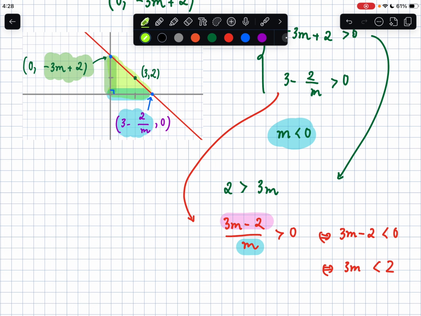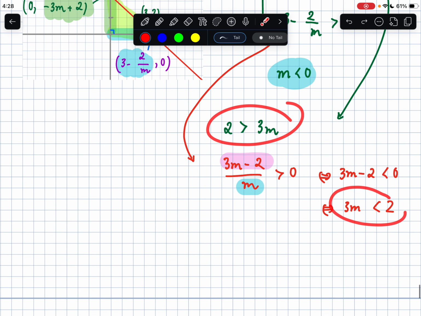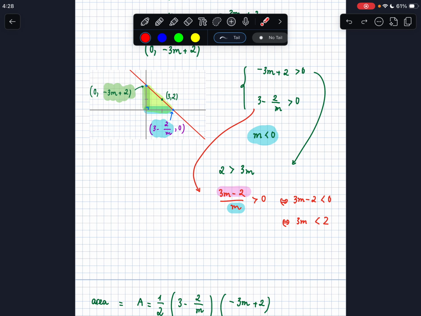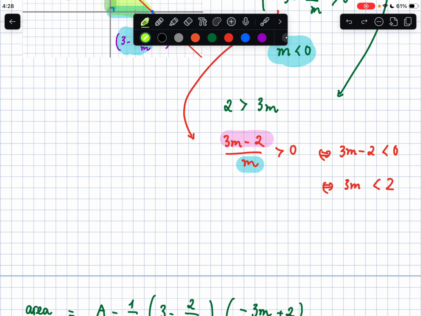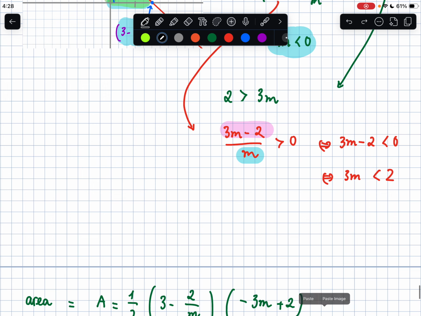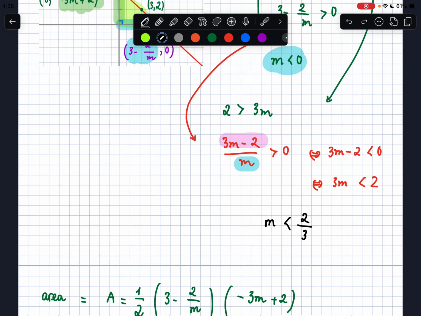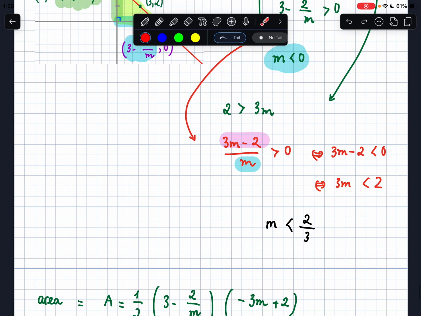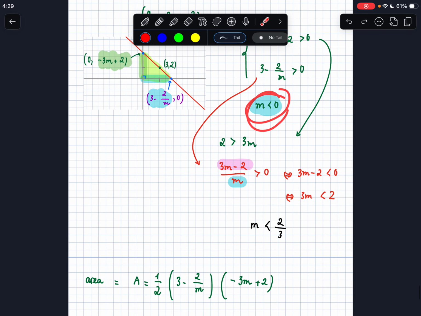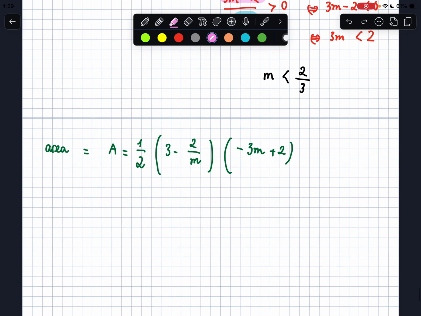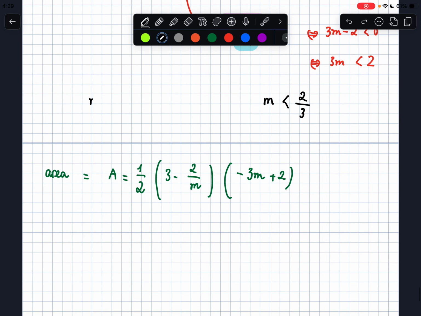So this system gives us the condition m less than 2 over 3 and m less than 0. So it doesn't help us here; m less than 0 is the better condition. So the restriction we use for m is m less than 0.